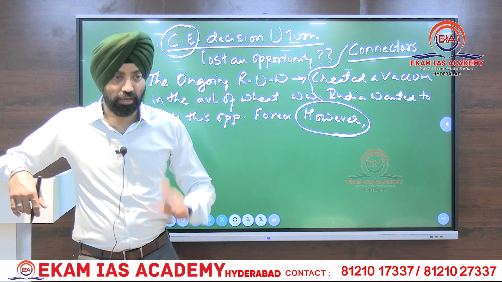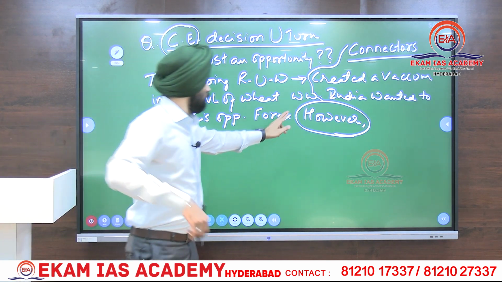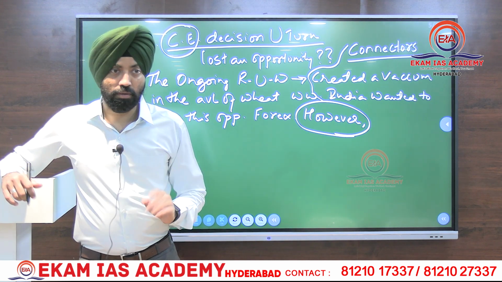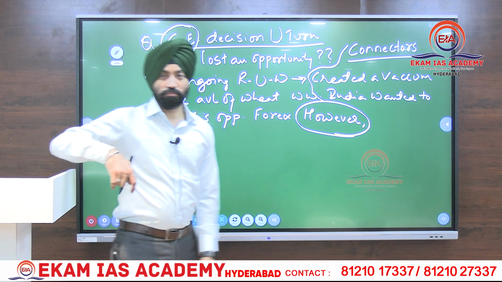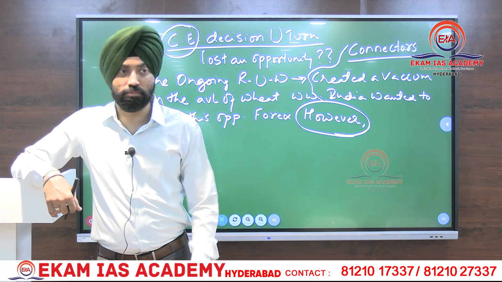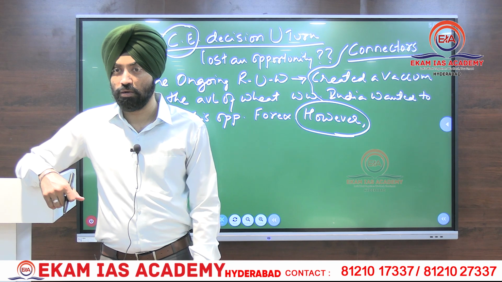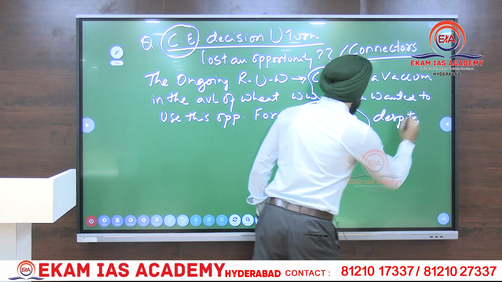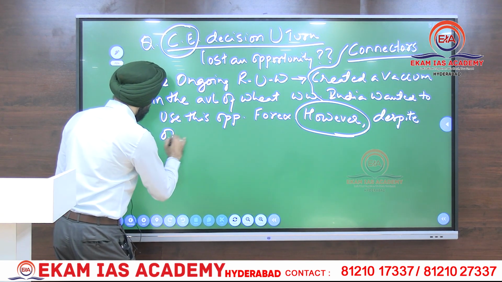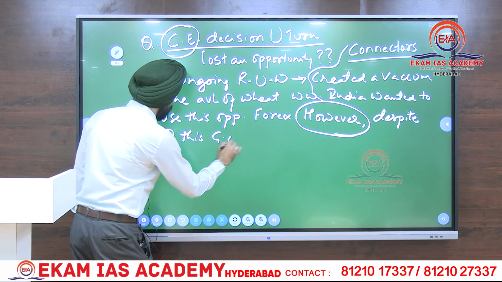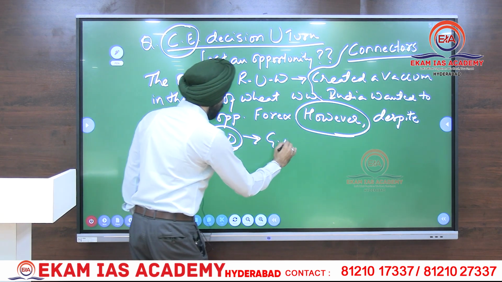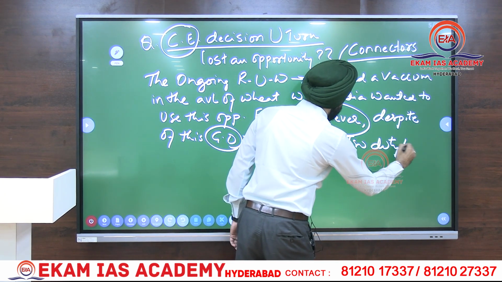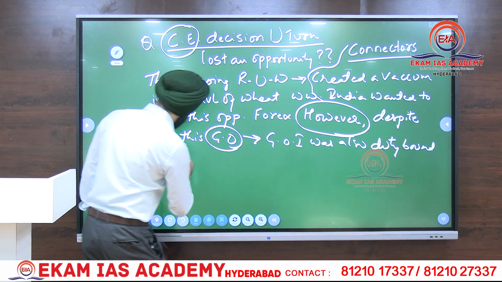So the same way I am trying to connect one more line with this. Now what will I write? However. However means something which will be written anti to the first statement. With me? However, despite this golden opportunity, the government of India was also duty bound to ensure what?